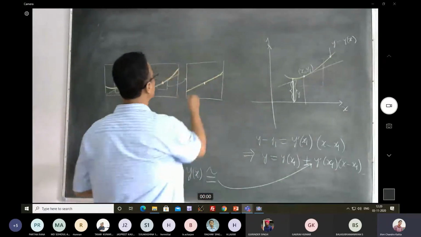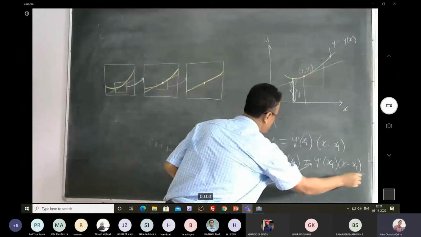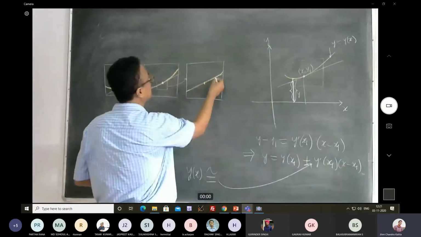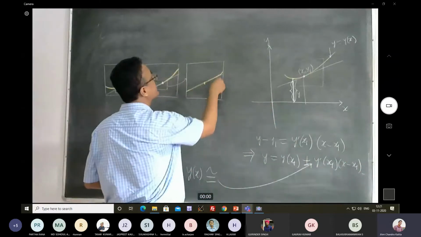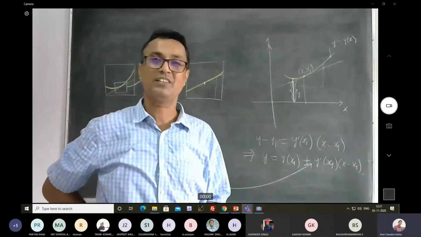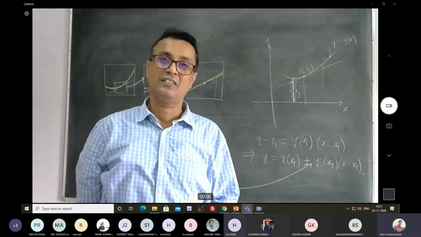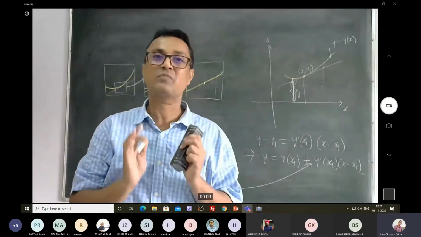Because if I want to find the value of the function through this straight line, then in the neighborhood of this point they are going to give you almost equal values. Is it okay with everybody? Now, have you understood the concept of linearization?